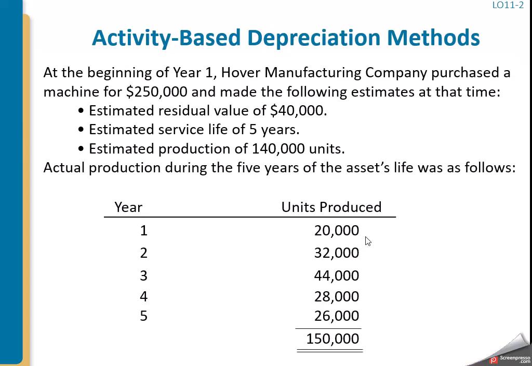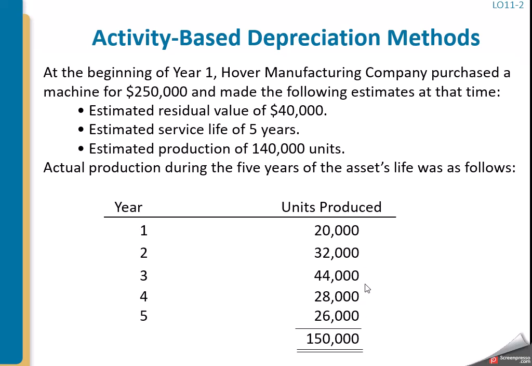Then our activity base, again, I always think this one is probably the most accurate. People don't necessarily use it, though it's also not very common, but it does seem more practical. So these are the miles, the hours, or the units that this machine has produced every year.